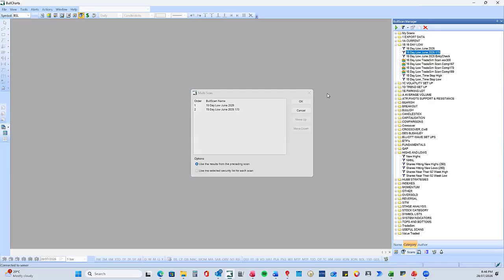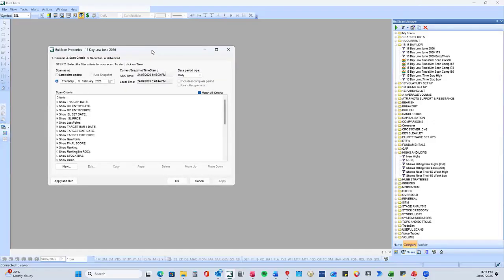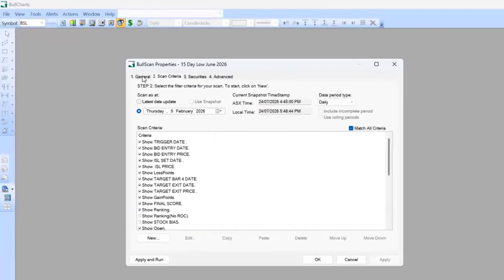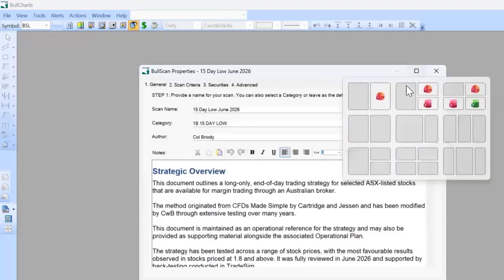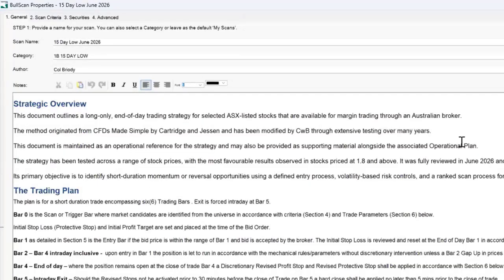Just before I do, Rob mentioned earlier the importance of putting information in these tabs. I've gone to a fair bit of pain, particularly for my main scans, to populate that fully. This comes out of my trading plan, where I've got the detail.